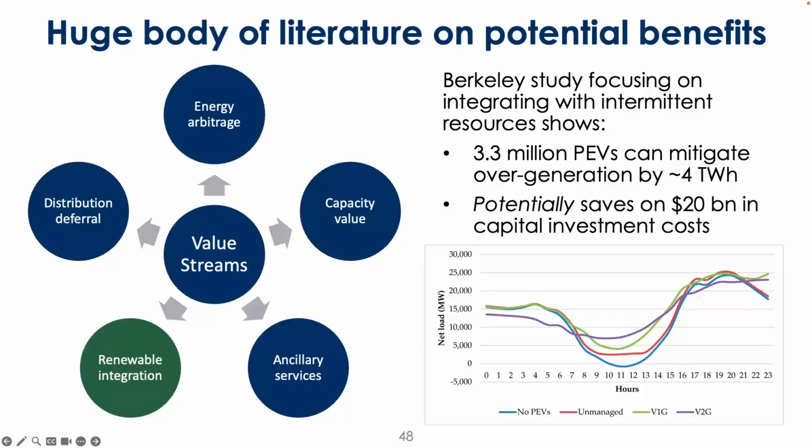There's a study out of Berkeley which looked at renewables integration, where they can reduce curtailment by 4 terawatt hours in a certain year, and potentially save on big costs in capital investments.